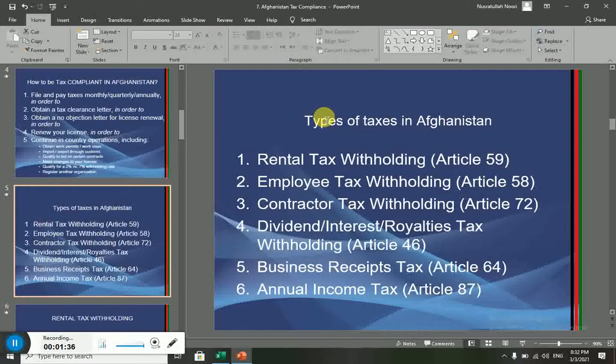Also, there is a tax audit. Each entity is introduced to the tax audit department on a random basis once in 5 years. So when an entity is introduced to audit, how to plan that and how to carry out those tax audits, what to do and what not to do.